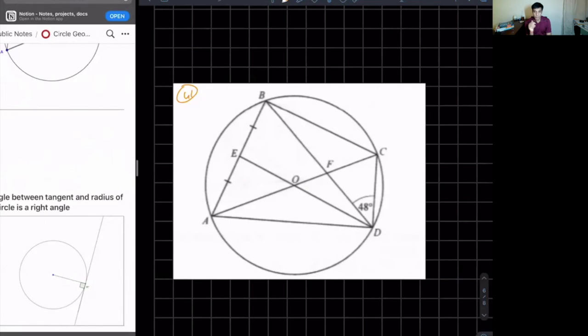So just on your piece of paper, figure out whatever you can. Isn't this crazy? They only give you one angle, and you're supposed to figure out a bunch of other stuff. That's pretty crazy, right?